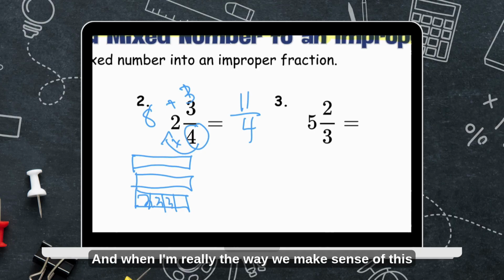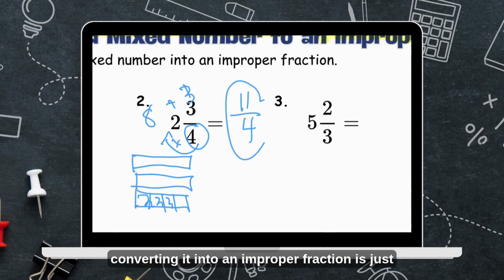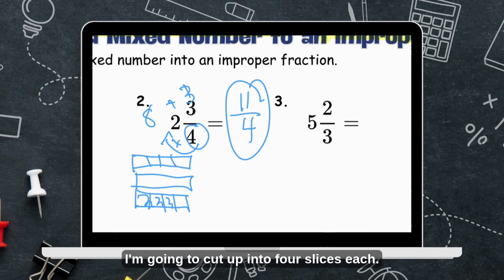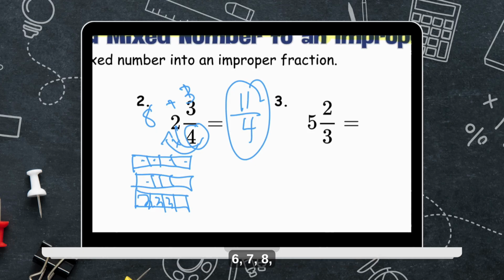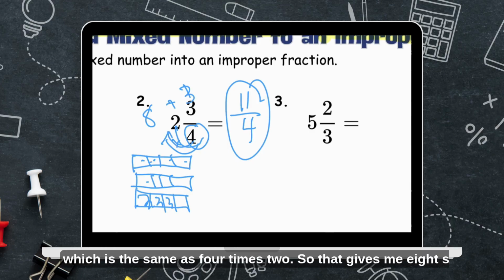The way we make sense of this is, if I have 2 whole cakes and 3/4, converting it into an improper fraction is just asking how many fourths are there total in that same amount. My 2 whole cakes, I'm going to cut up into 4 slices each. This is where we get the 4 times 2: since I have 2 whole cakes, instead of counting 1, 2, 3, 4, 5, 6, 7, 8, I just know that there are 4 slices in each, which is the same as 4 times 2, giving me 8 slices.